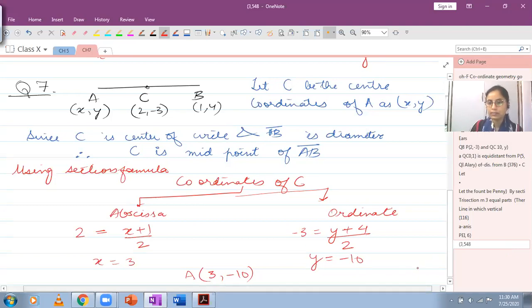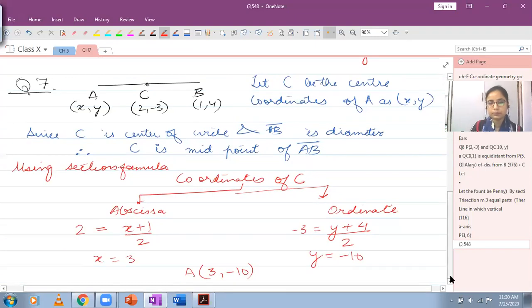If the question was, hence find the radius of the circle, it could have been obtained just by using B and C. Anyone with any questions? If there's anyone who's writing down. Thank you, Sahaj.